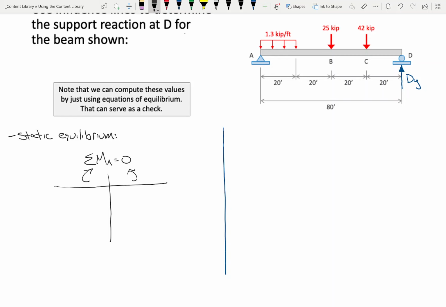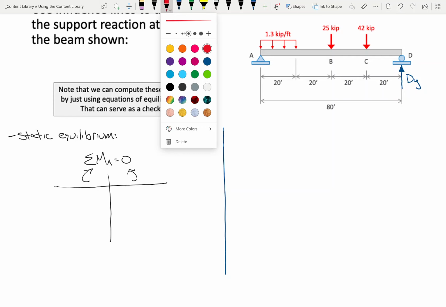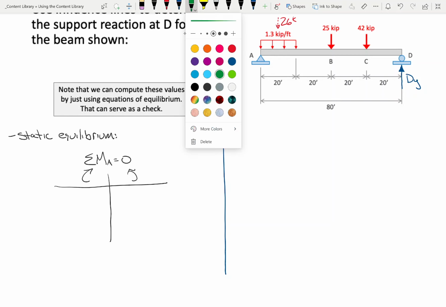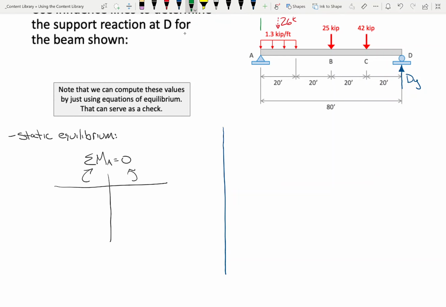Now, I've got this 1.3 kips per foot distributed load, so I can collapse that into a single point load. How much would the point load be? 1.3 kips per foot over a distance of 20 feet is 26 kips, and its moment arm from A is 10 feet.